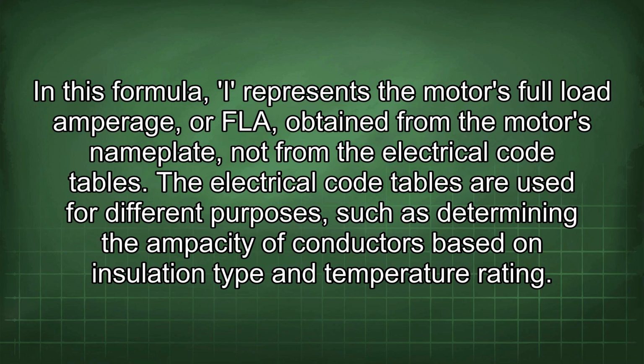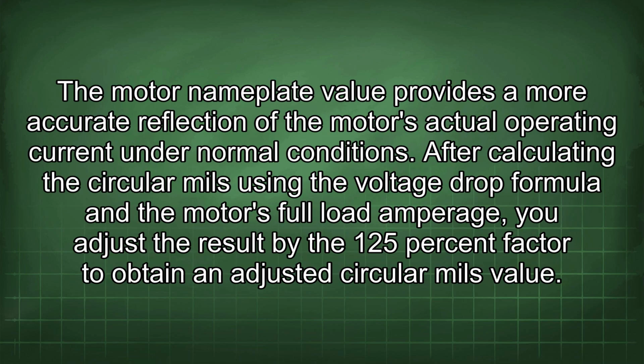The electrical code tables are used for different purposes, such as determining the ampacity of conductors based on insulation type and temperature rating. The motor nameplate value provides a more accurate reflection of the motor's actual operating current under normal conditions. After calculating the circular mils using the voltage drop formula and the motor's full load amperage, you adjust the result by the 125% factor to obtain an adjusted circular mils value.